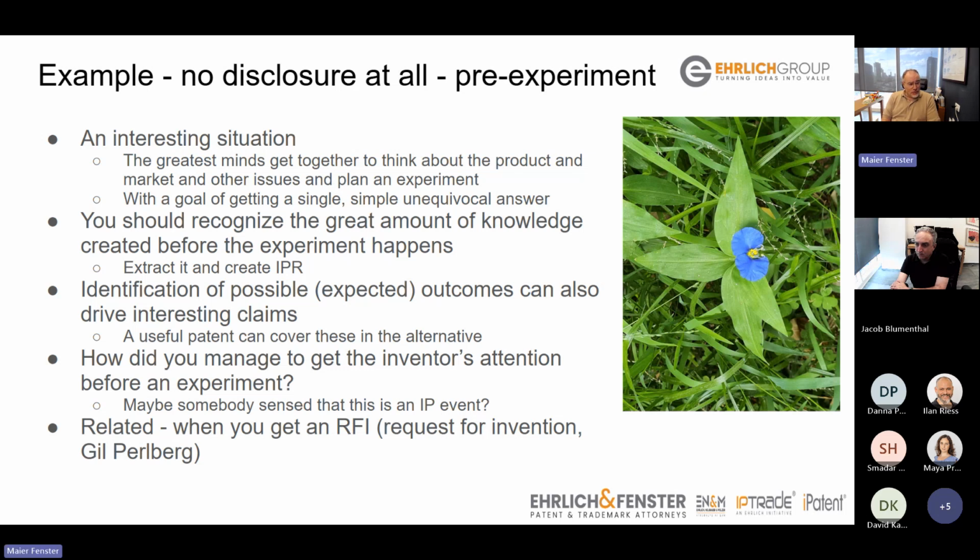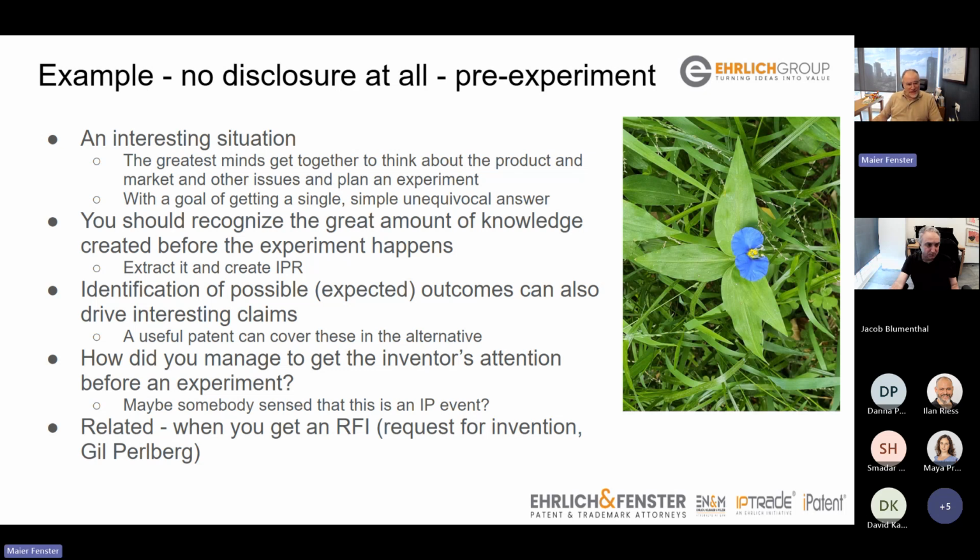And here's another important point. It is relatively unusual that an inventor tells you before they do an experiment. There could be 2 reasons. One, the inventor has been educated properly. And the other one, somebody in the team felt that there's an IP event happening. So in the first case, you can just clap yourself on the back.